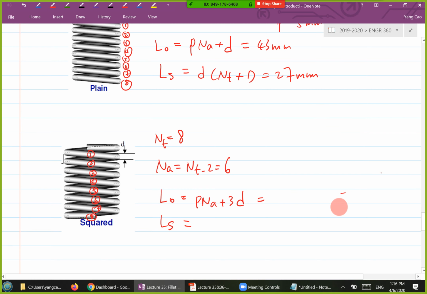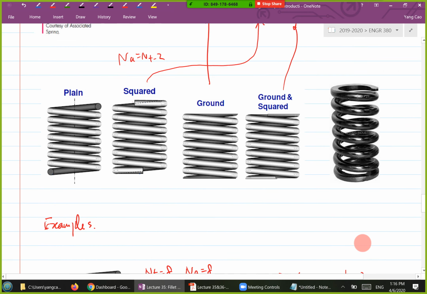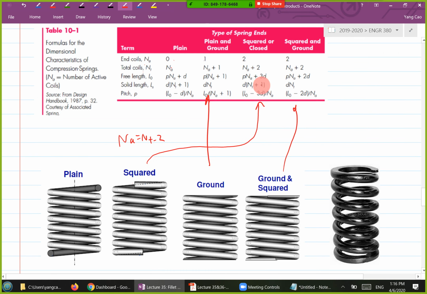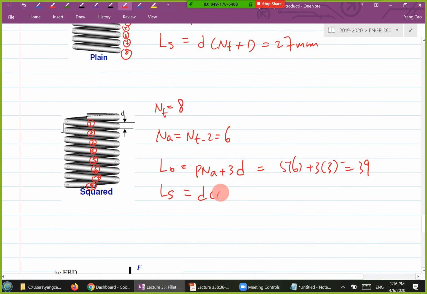So P is still 5, so 5 times 6 plus 3 times 3 is 39. And LS is D times NT plus 1, that's 3 times 9, still 27.